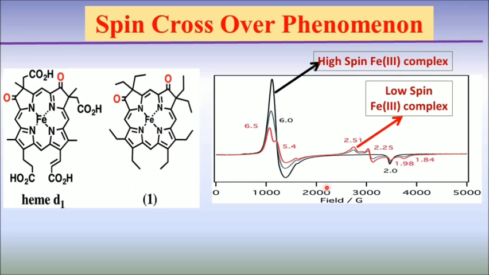On adding the ligand imidazole, for example, the high spin complex is converted to low spin complex. The G values are this. The peak height decreases as the low spin complex is formed. The spin conversion can be studied using ESR spectroscopy, EPR spectroscopy.